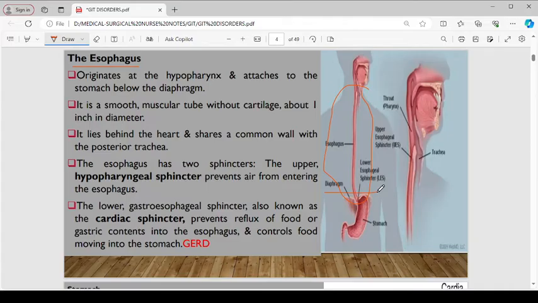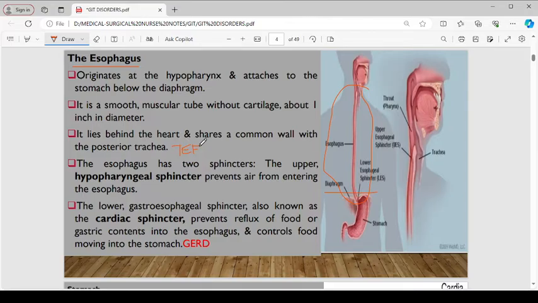It lies behind the heart and shares a common wall with the posterior trachea, okay? And that's why we could have transesophageal fistulas, the TEFs, because they do share that posterior wall, okay? Guys, a link will be popping up on transesophageal fistulas.